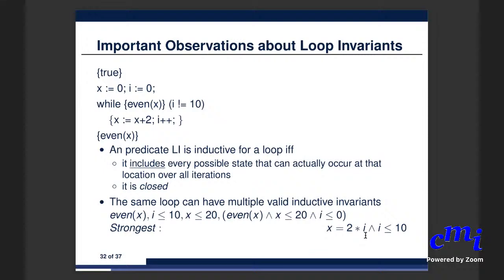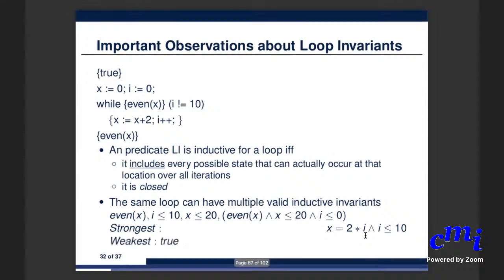Okay. So what is the weakest thing that you can say? That's kind of a silly question, because true is always inductive. The set of all states is always an inductive invariant, although sometimes you're not saying much with it, because true includes every possible state.